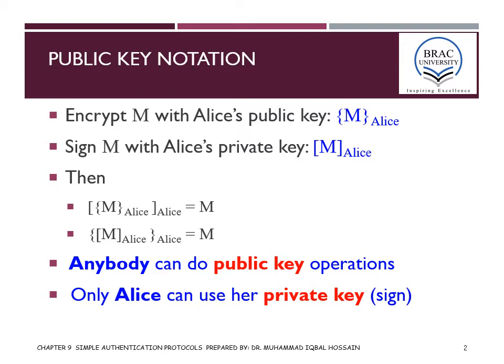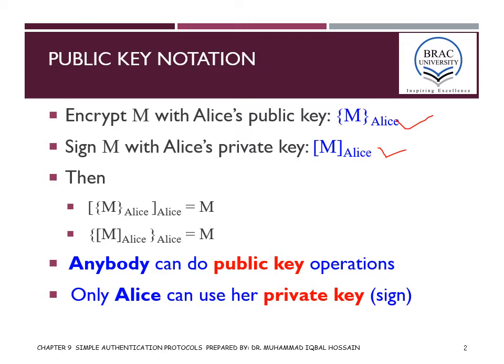So just check the previous notation. We can use this curly bracket, which means that message M is encrypted with Alice's public key, and we can sign with Alice's private key, in which case we use this square bracket. If we encrypt and sign like this, they actually cancel each other.